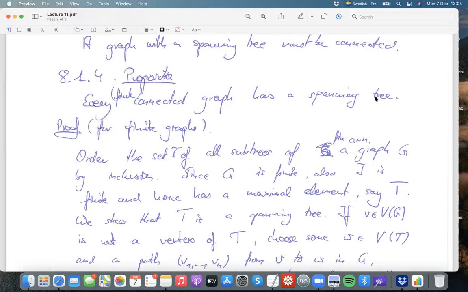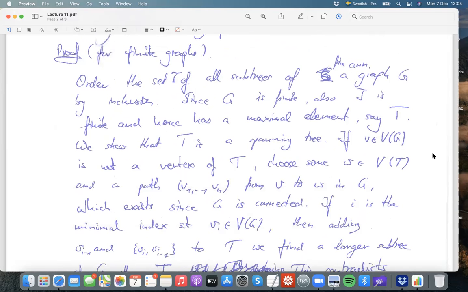Then there is a path from this vertex connecting it to our tree, since our graph is connected.